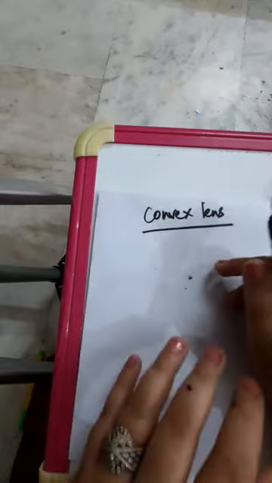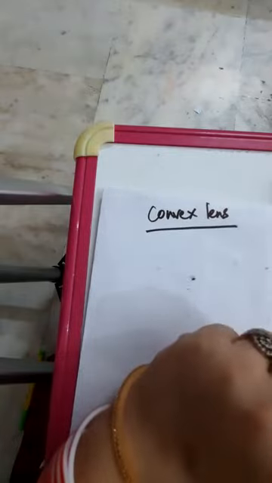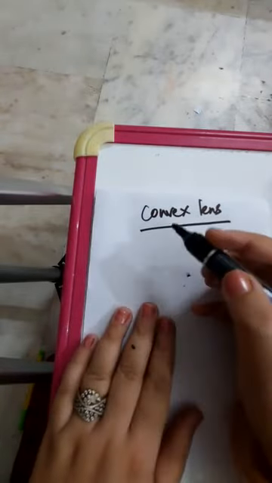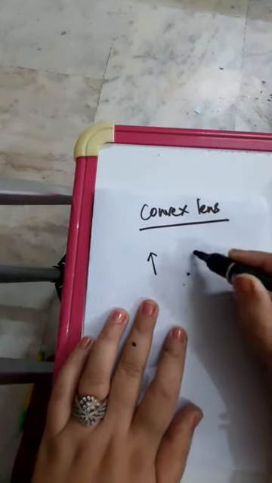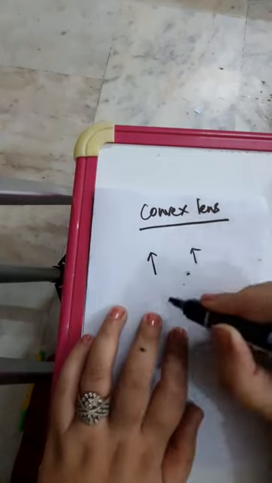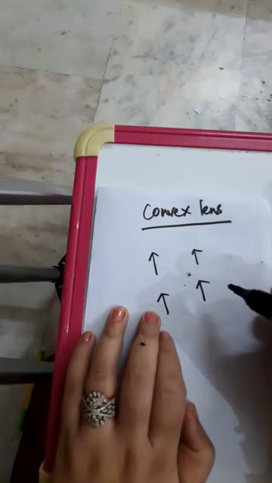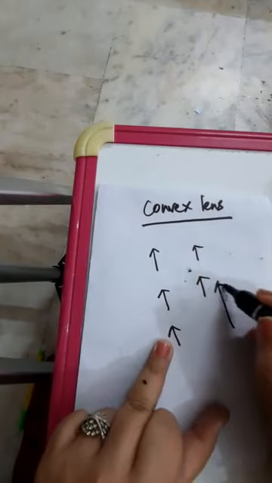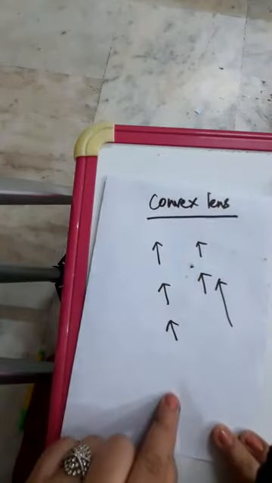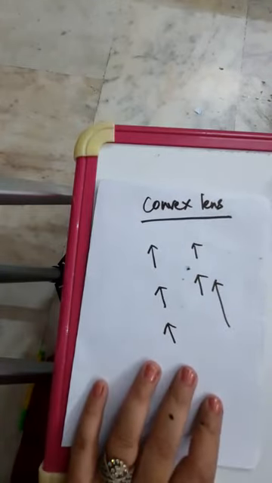If you see that video, what you will figure out is that there were many cases where in some of the cases the image formed was diminished. In some cases, image formed was exactly equal in size as that of the object. In the other cases, what did you see? That the image was virtual and that's why it was enlarged also. So in convex lens, all the three things can happen.